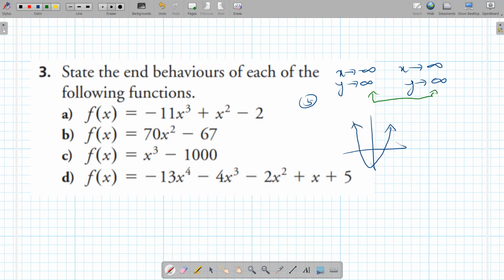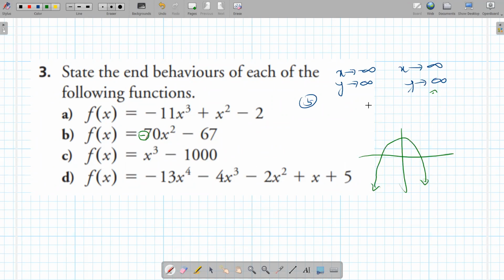Opposite, okay. And then for the negative even, you would just do what? Negative even would be something like, let's just put a negative sign here, right? So a negative even would be going like this. So y will be negative infinity on both sides.